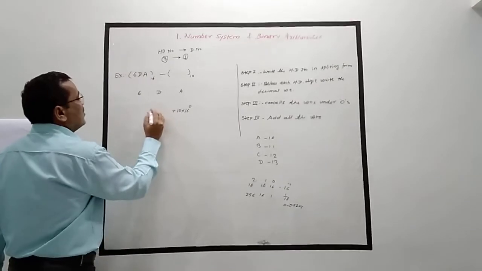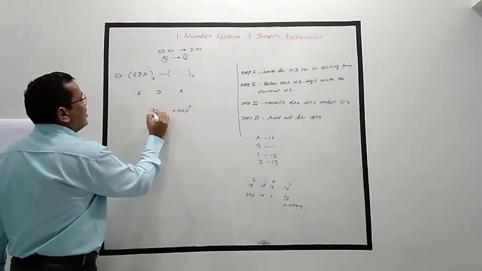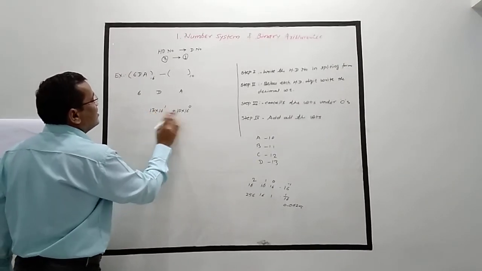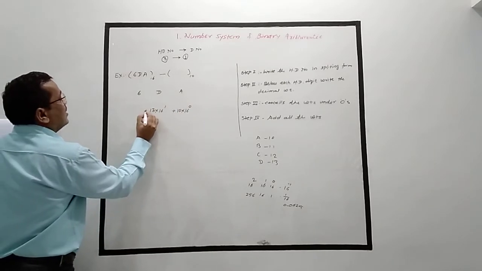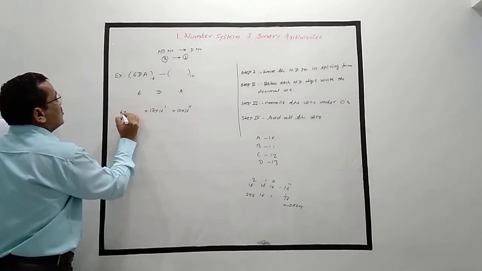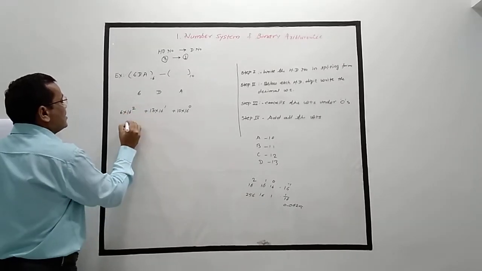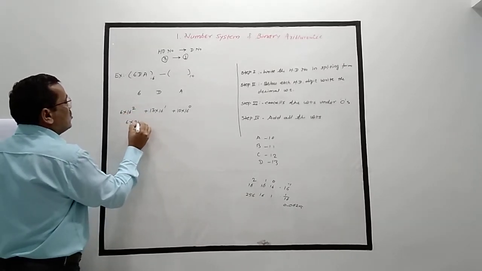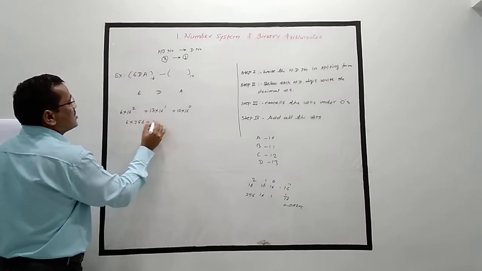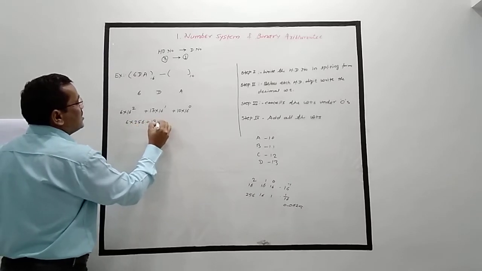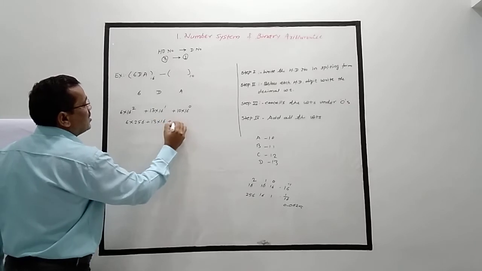So D is equivalent to 13. 13 into 16 raised to power 1 getting added. Here 6 into 16 raised to 2, that is 256. 6 into 256 plus 13 into 16 plus 10.